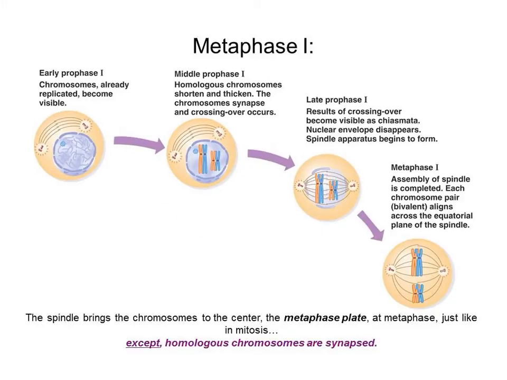Prophase I will then lead to prometaphase, which isn't shown here. So the nuclear envelope will break down and chromosomes will start to attach to the spindle. Then the synapsed chromosomes, these homolog pairs, will align at the metaphase plate in metaphase I, which you can see here.